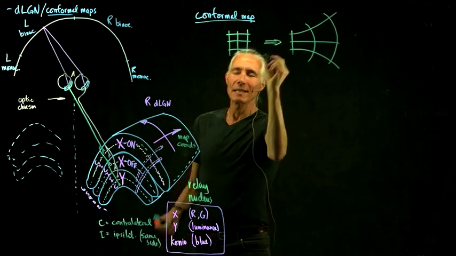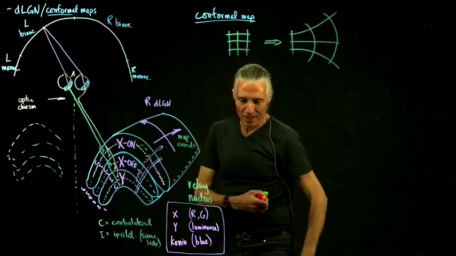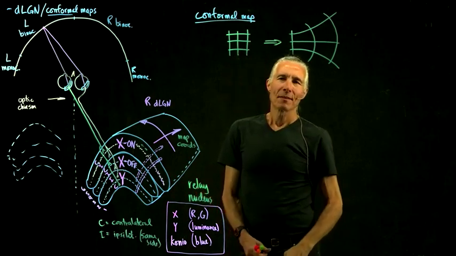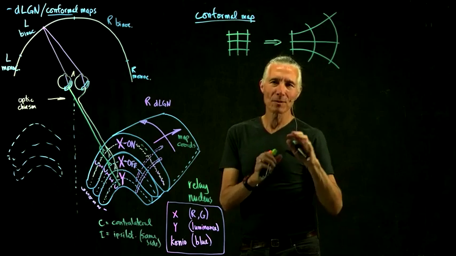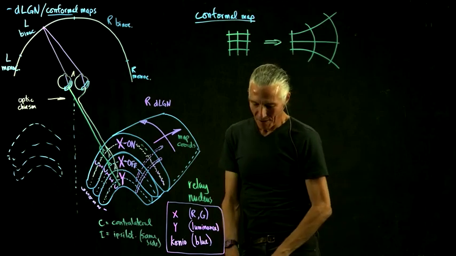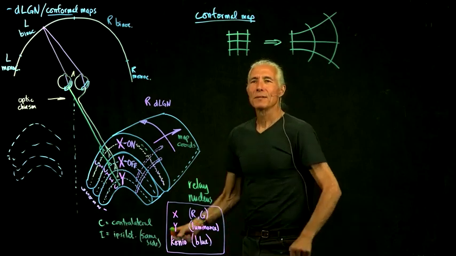So what's the definition of a conformal map? The mathematical definition is a little tricky. Math always tries to reduce everything down to the minimum number of things.